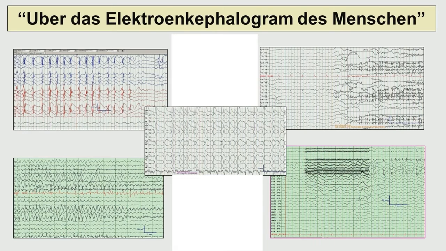Down in the lower left-hand corner, what does that appear to represent? If you look at the pattern, it might simulate something very similar to a focal seizure.